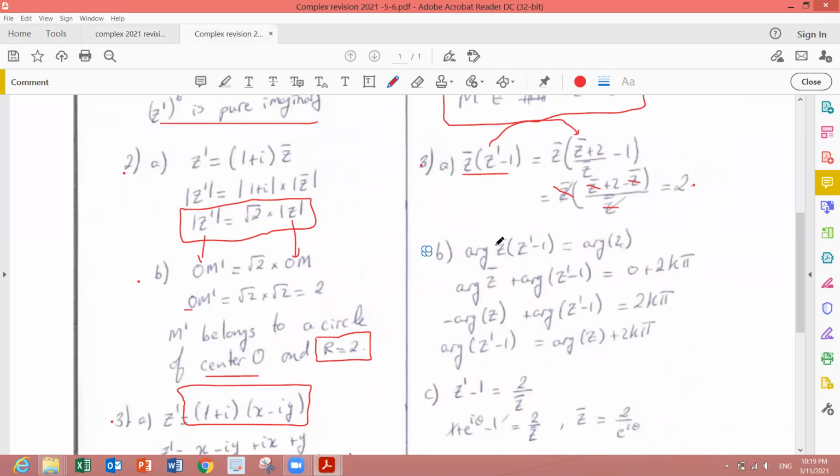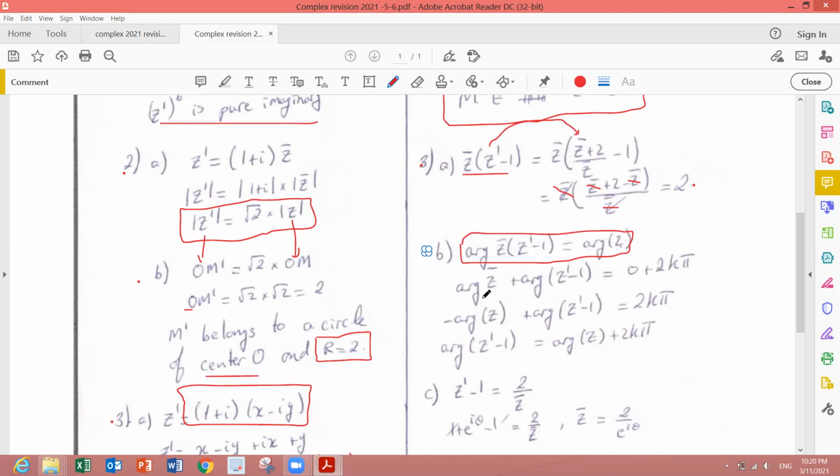So argument of Z bar into Z prime minus 1 equals argument of 2, the relation that I proved in part A. Argument of the product equals argument of Z bar plus argument of Z prime minus 1. Argument of 2 is 0, 2 is real and positive.